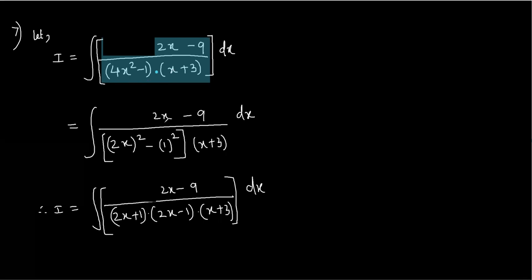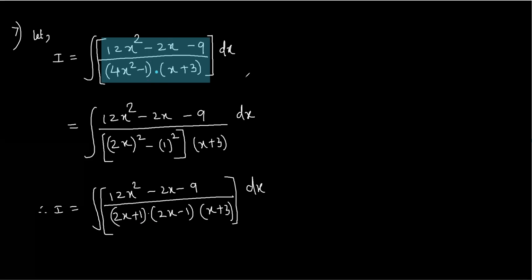We are going to apply the partial fraction method the way we would have applied had the numerator been 12x square. See, the numerator doesn't matter.